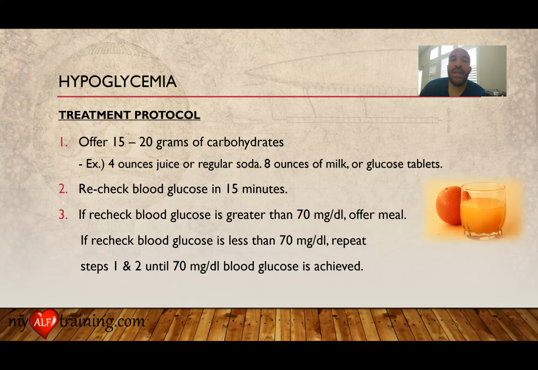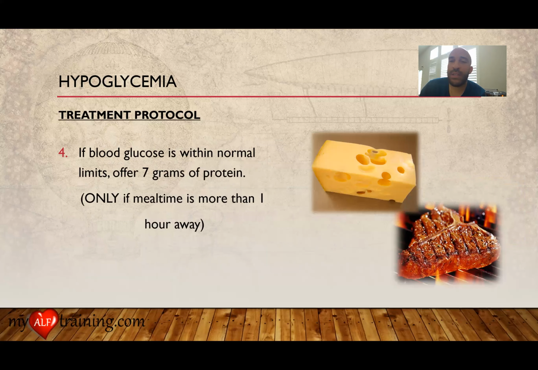Unless their blood sugar responded beautifully to the 4 ounces of orange juice, and when we rechecked their blood glucose, it was greater than 70. So if it's greater than 70, we would offer them a meal, something with a little more sustenance to maintain that appropriate blood sugar level.